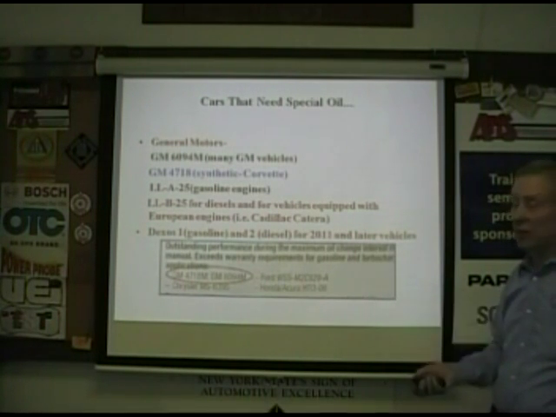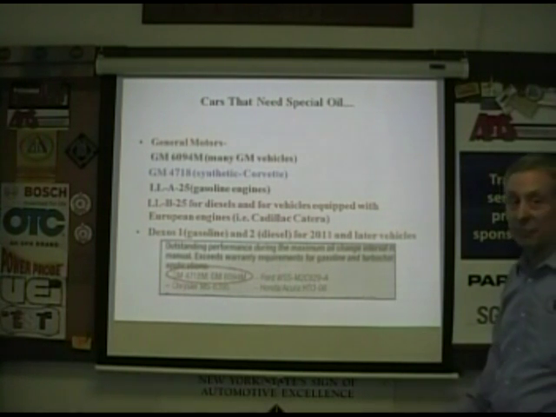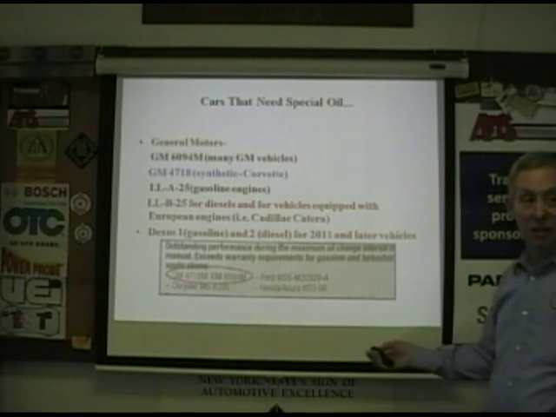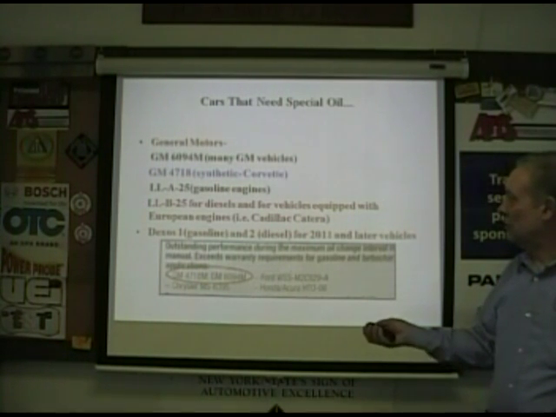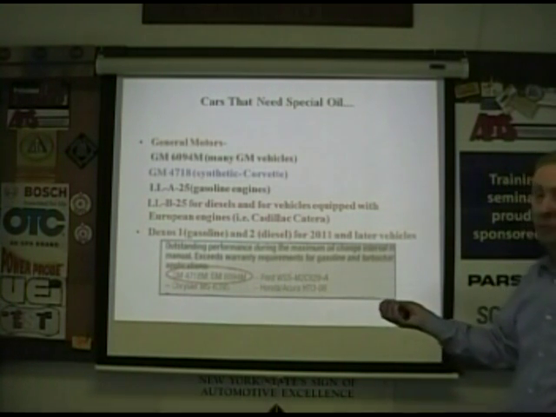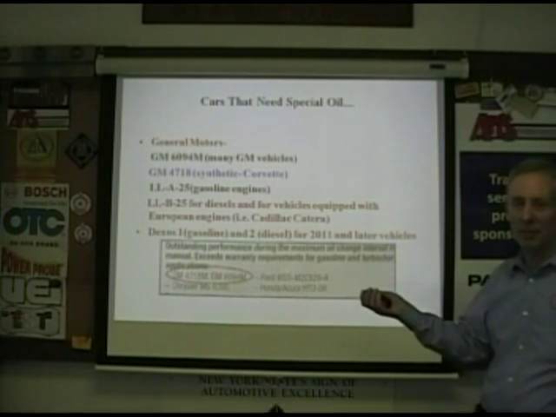And the new stuff, Dexos 1, is GM's new specification that's supposed to be backwards compatible and global for all vehicles in the whole world that GM sells. So basically that oil only meets a couple of those specs there, that Corvette and many GMs, but not that new stuff. Right, that's correct. Oil producers are kind of resisting Dexos 1, but eventually they're all going to come on board.